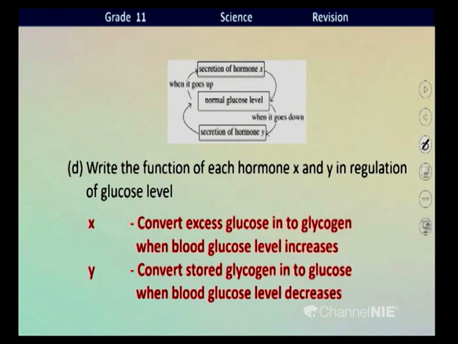Y is glucagon. This glucagon hormone converts stored glycogen back to glucose when the blood glucose level decreases below the normal level. Right. These are the functions performed by X and Y.